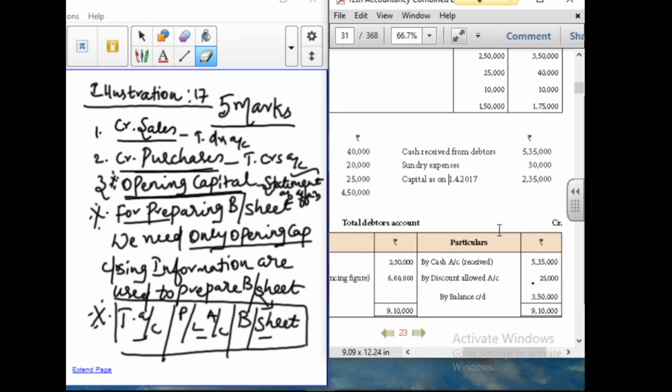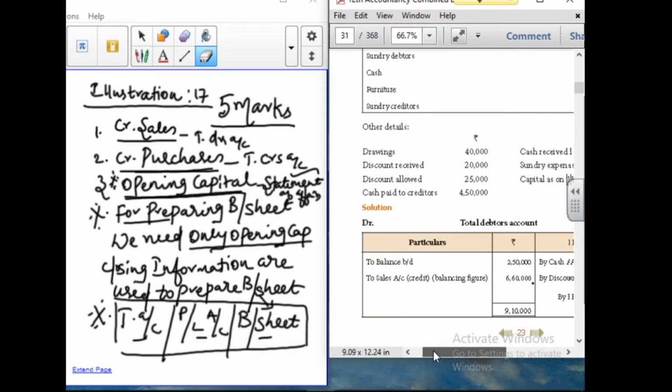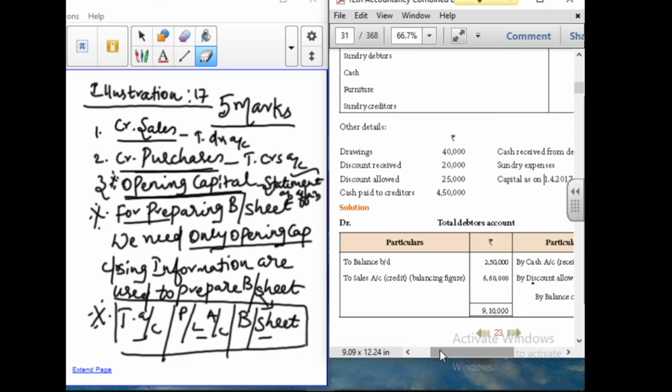See, opening information is there. Since it is a debtors account, the opening balance will start under the debit side only. That is, to balance brought down 2,50,000. Where does this 2,50,000 appear? Just look into the question.